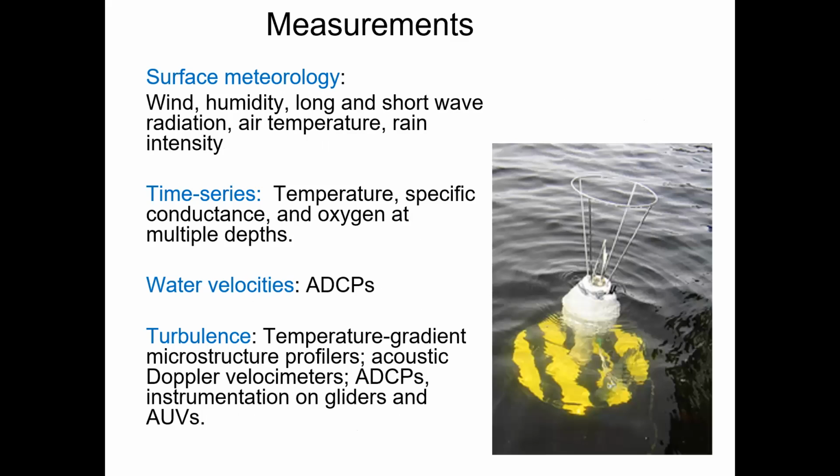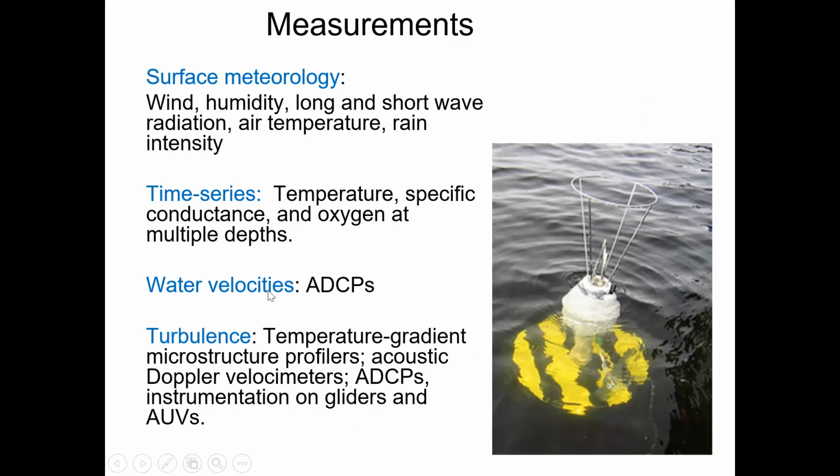So measurements, what are some of our basic measurements? Surface meteorology: wind, meaning both wind speed and direction, humidity, long and short wave radiation, air temperature, the intensity of rain. We collect time series data: temperature, specific conductance, and oxygen at multiple depths.